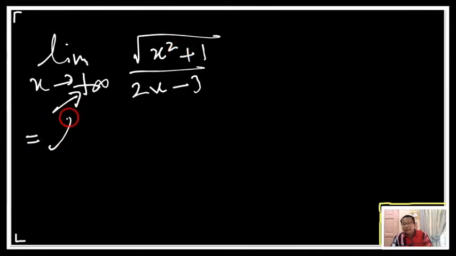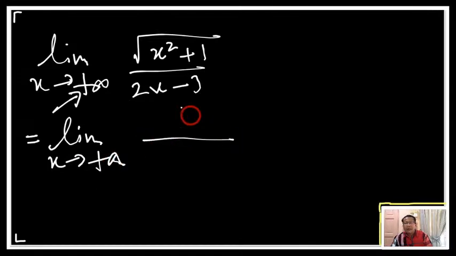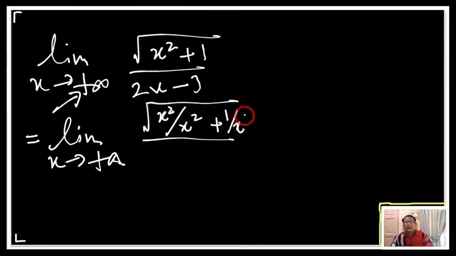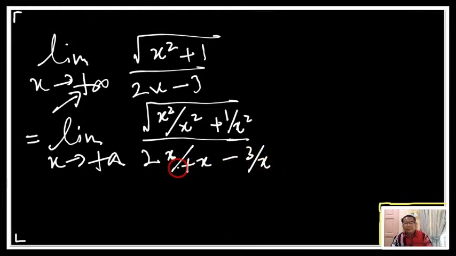So this one equals limit x approaches positive infinity, x squared over x squared, so divide by x squared inside the square root. For the denominator, x positive infinity, divide by positive x: 2x over x minus 3 over positive x.